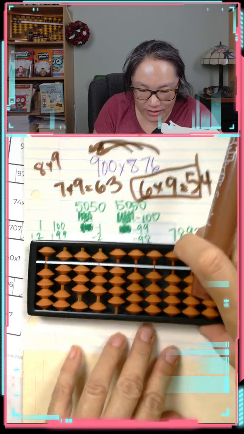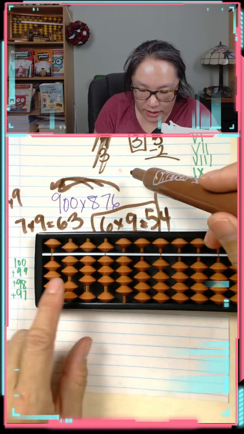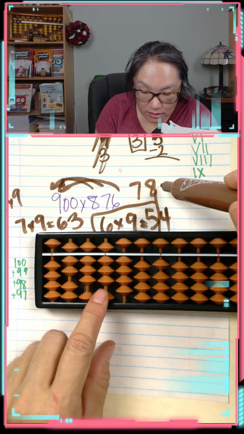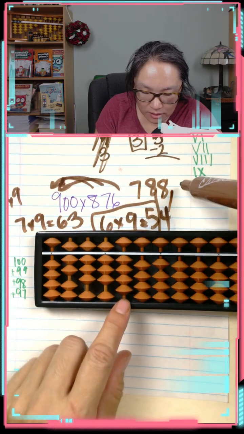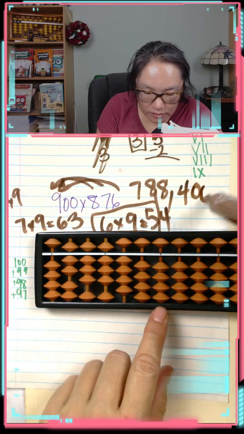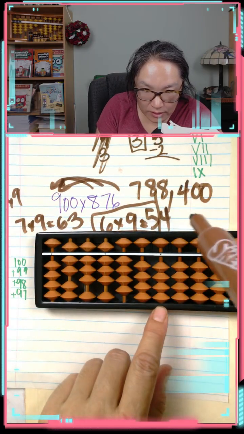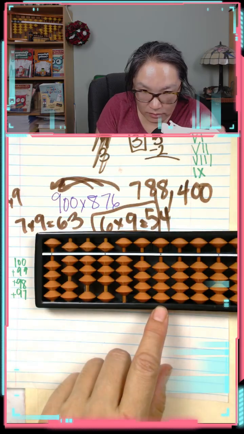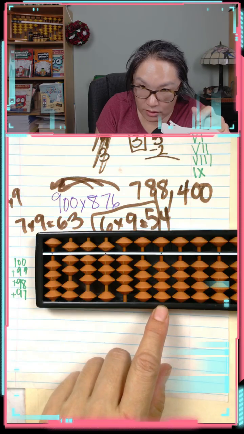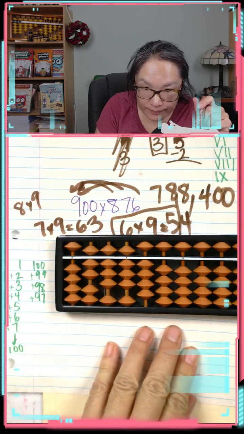So what is my answer? So my answer is 7, 8, 8, 4, 0, 0. That's the answer. Yep. So that's the answer. Easy.